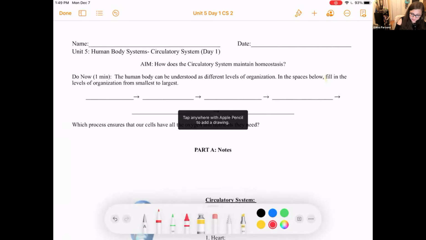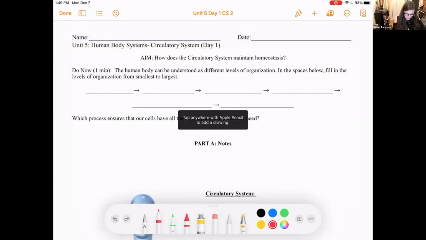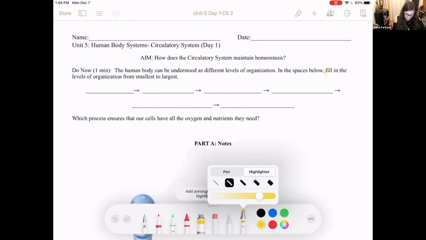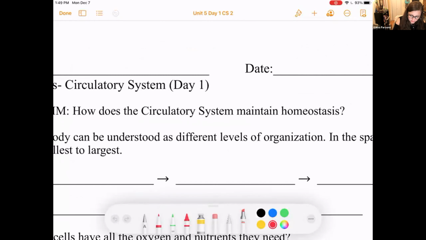All right, so the circulatory system is, of course, what circulates, or the system that transports, right? Circulate, transports blood throughout your body.